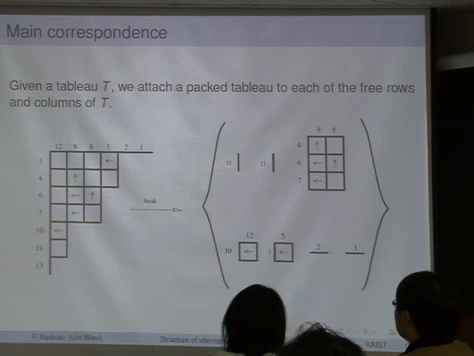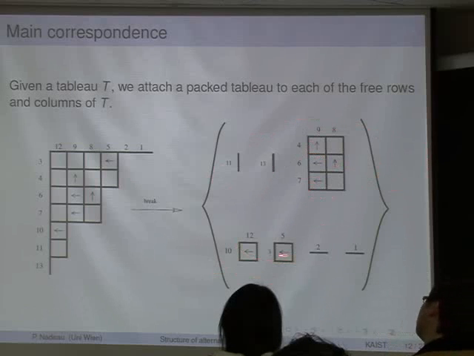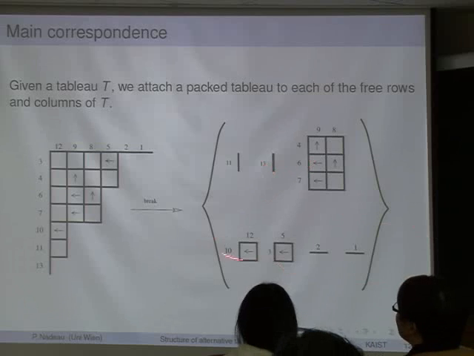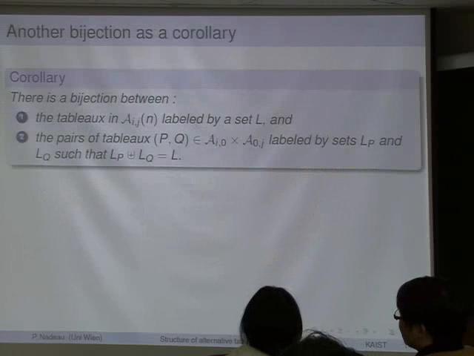If you merge all the tableaux that have just 1 free row, okay, the packed tableau in A10, you can merge them together, and these ones you can also merge them together. So by the property of mergings, you will have something that has no free columns in here, and then you will have something that has no free rows. So this is it. So it's just a corollary of the first bijection.